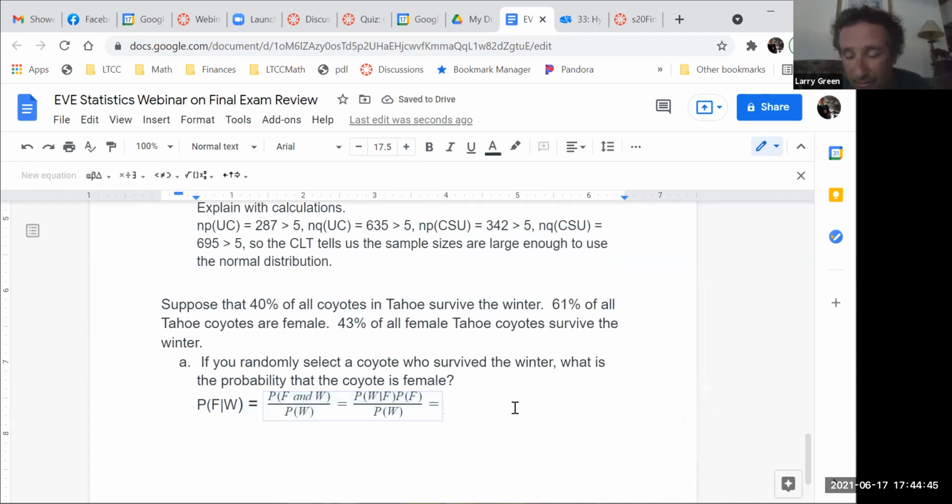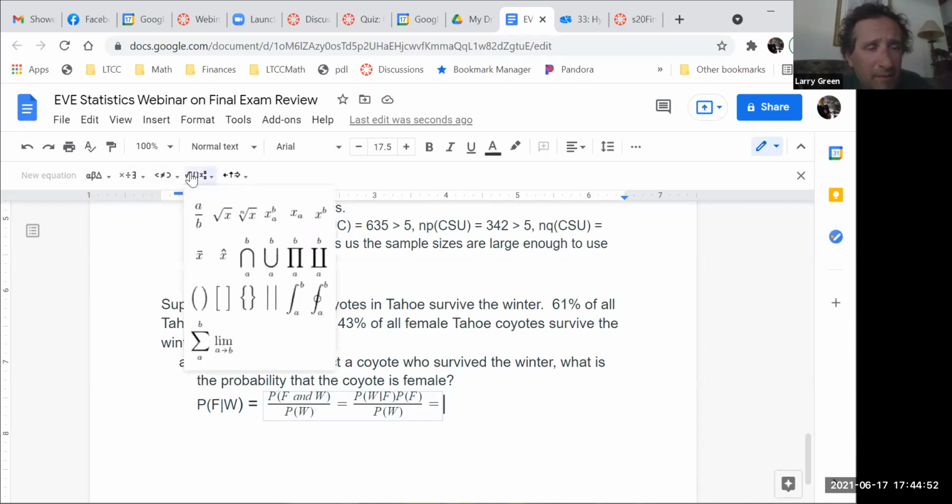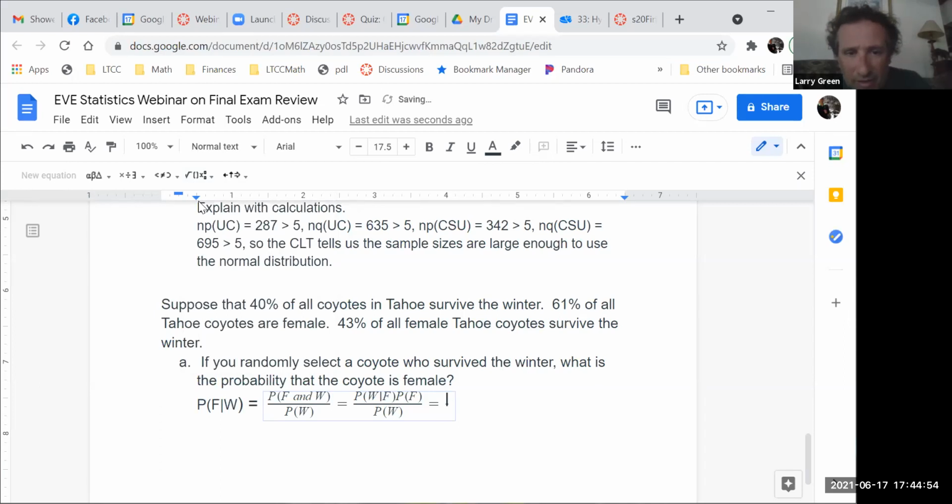Now we just plug in. The rest is easy, actually. I think you'll agree. So the probability of W given F, well, that's the probability that they'll survive the winter given they're female. Well, we're told that 43% of all female Tahoe coyotes survive the winter. That's 0.43.